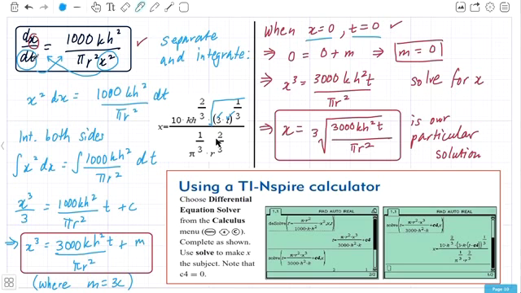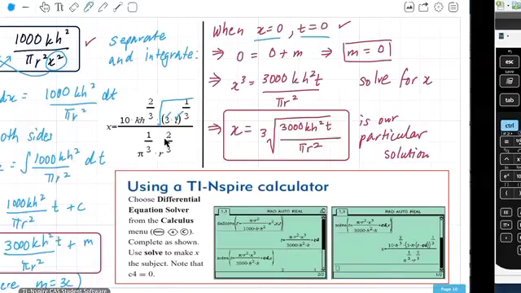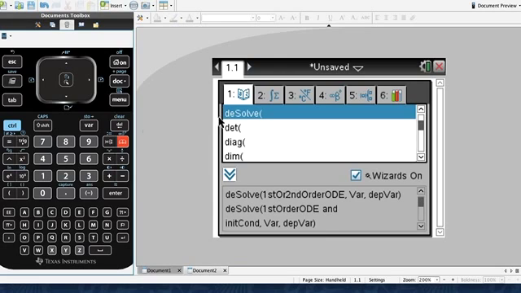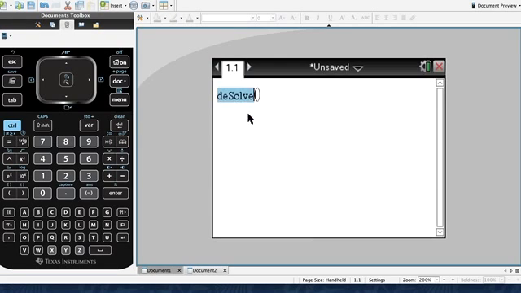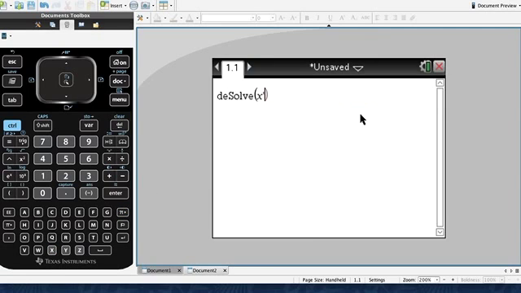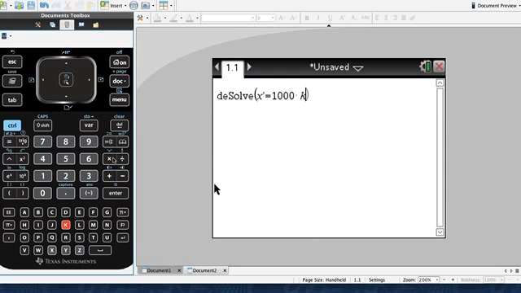So what we'll do, we'll just get our CAS. So it's dx/dt equals 1000 k h squared is the first part. I'm going to use DE solve, which you can get in the menu. Now it's dx/dt, which we're going to write as x dash, so use the little dash. So x dash equals 1000 times k times h squared.